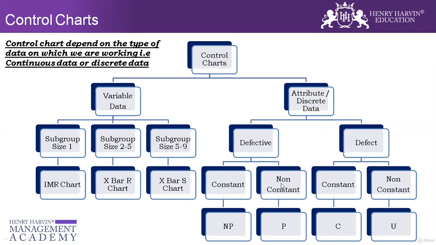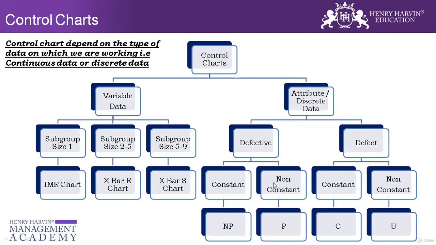One is constant and another is non-constant. So if my total data points that I am measuring are constant during the month or weeks, on which basis I have the data, then in that case I'll use an NP chart.